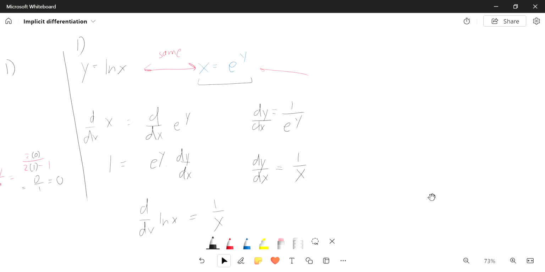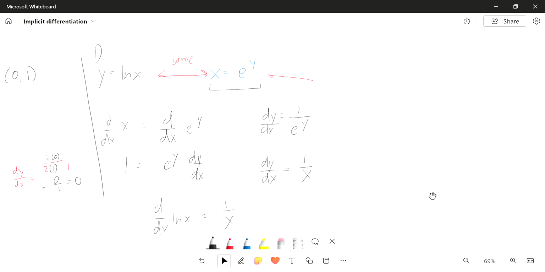And using the chain rule, you could also find that the derivative of ln of 3x is equal to 1 over 3x times the derivative of 3x, which is just 3, which also happens to be 1 over x.